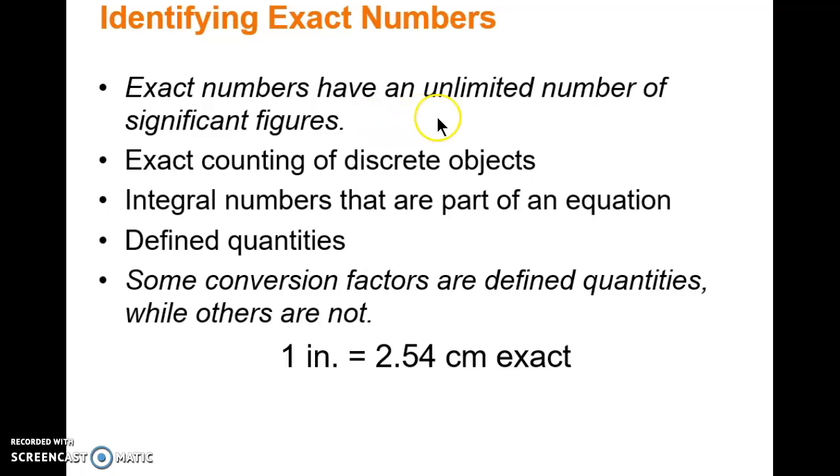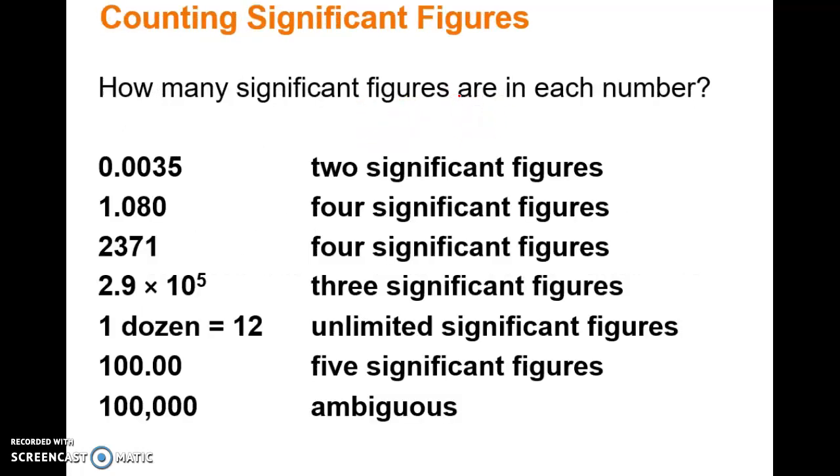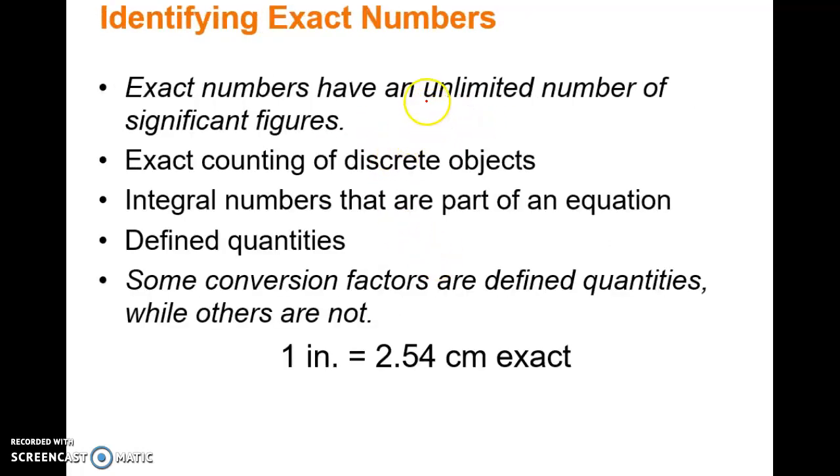Exact numbers have an unlimited number of significant figures. Sometimes when you have a measurement, it'll say exactly. Exact counting of discrete objects: I can say there are 29 people in this class.